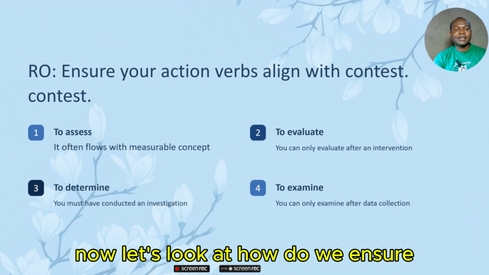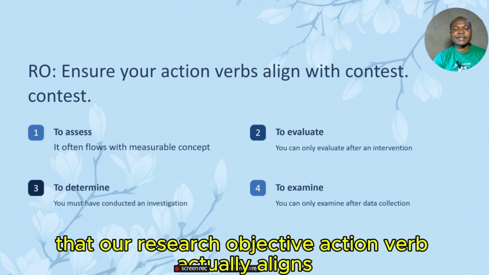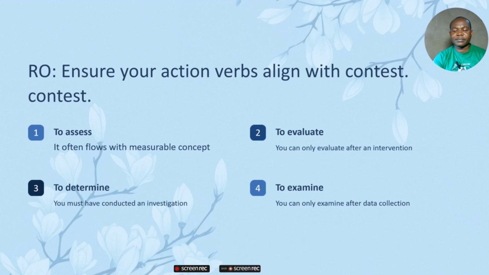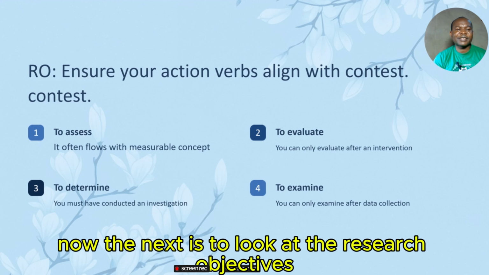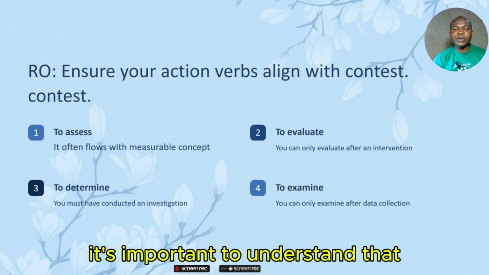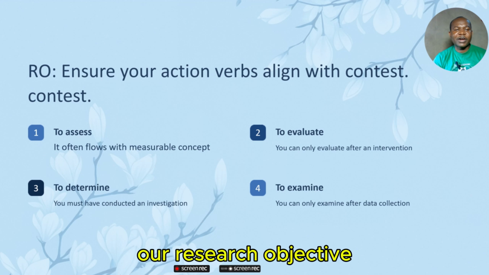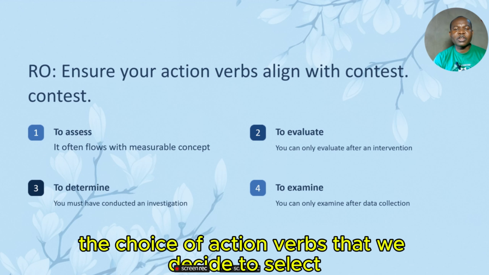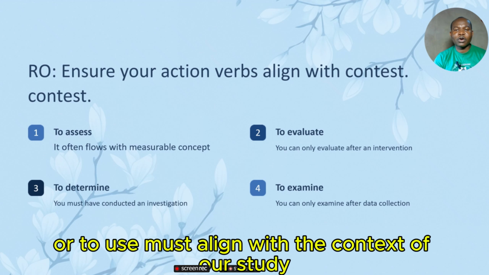Now, let's look at how we ensure that our research objective action verb actually aligns. The next is to look at the research objectives. It's important to understand that the choice of action verbs that we decide to use must align with the context of our study.